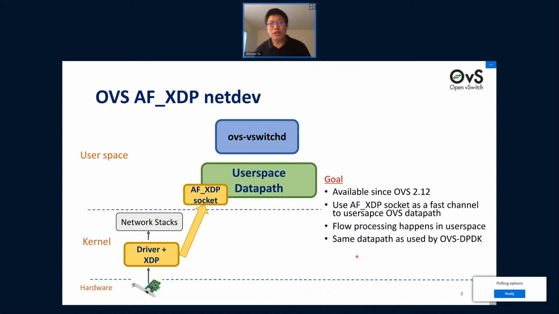It's worth mentioning that this user space data path is the same code as the data path used by OVS DPDK, so all the implementation can be shared with OVS DPDK. The only difference is that we receive packets through the AF_XDP socket instead of using the DPDK library.